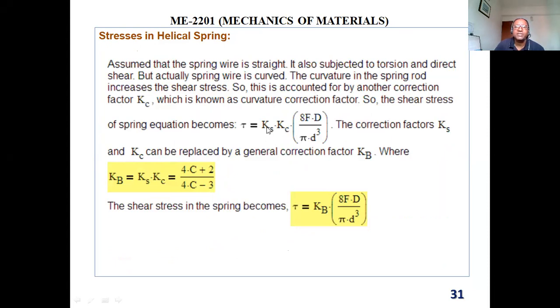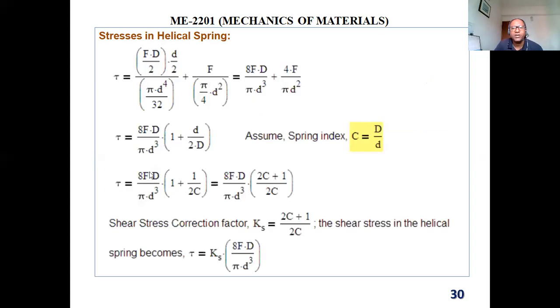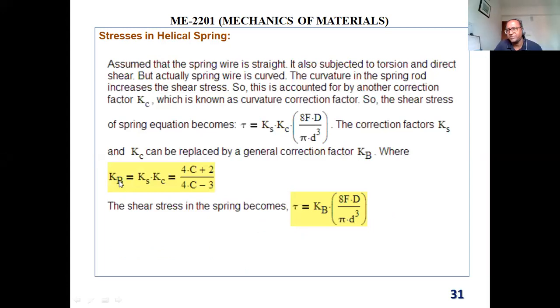Now, this Kc, we call it Kb. This is figured out experimentally. There is no separate value for Kc. You can figure out how. At first, you figure out the value of Ks, right? Ks is this one. Then you figure out Kb.